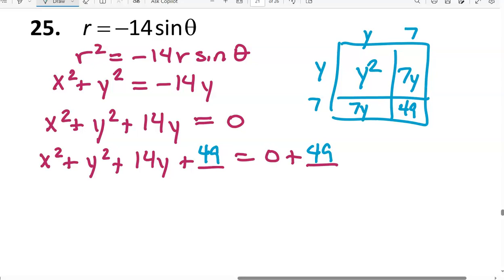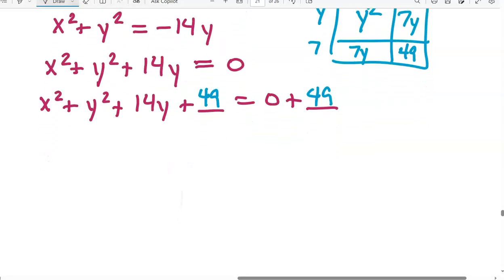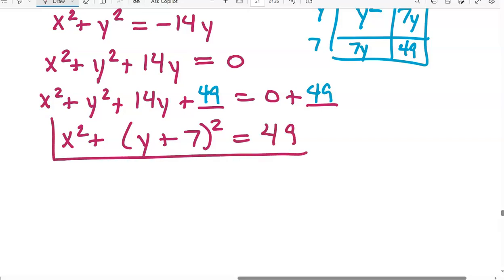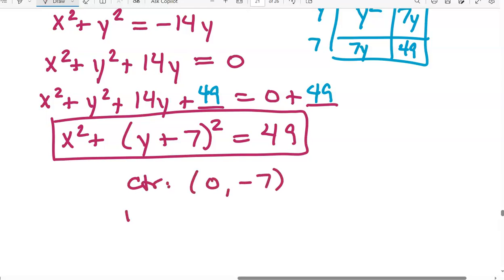So we'll add that to both sides of the equation, and then factoring y squared plus 14y plus 49 is y plus 7 squared, and that equals 49. That's in a nice standard graphing form, which can tell us that the center of the circle is at the point 0, negative 7, and the radius is 7, which is the square root of 49.